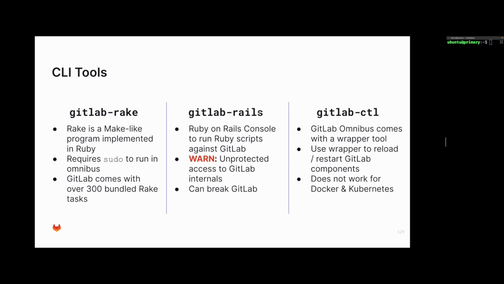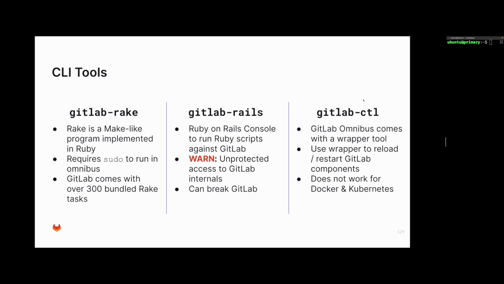Then we have GitLab Rails, which is a direct access to the Ruby on Rails system through a console to run Ruby scripts. These Ruby scripts run directly within Ruby on Rails and therefore are not really protected by anything. If you call an API, it's protected by all kinds of checks and authentication tooling. Ruby on Rails console is not. So be aware that it can even break GitLab if you are not careful.